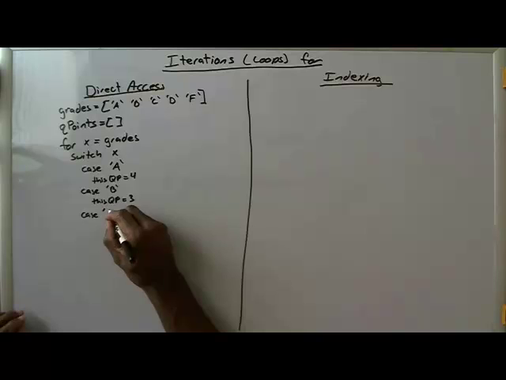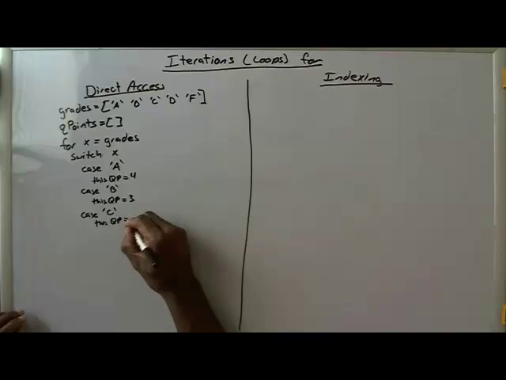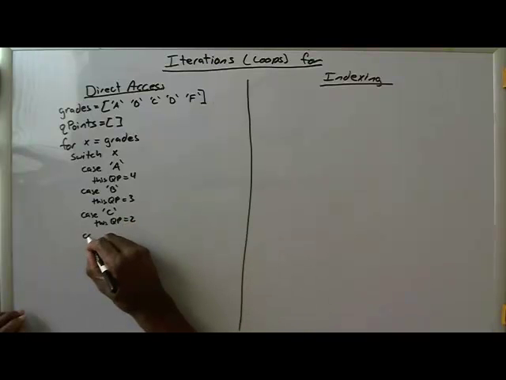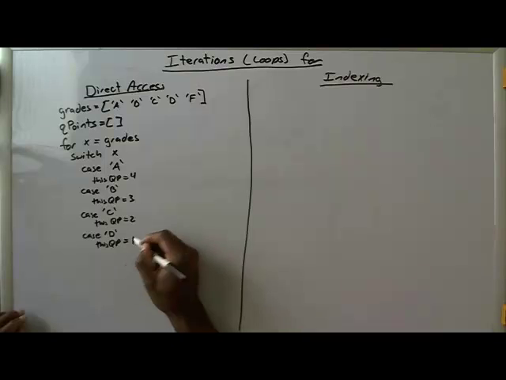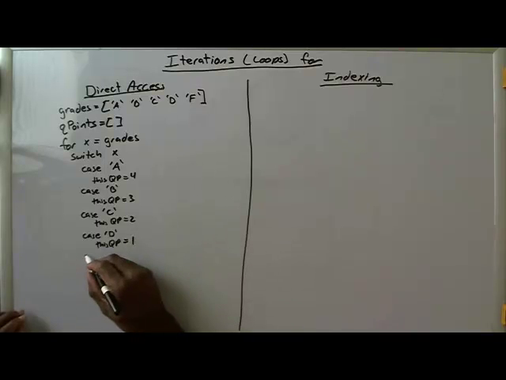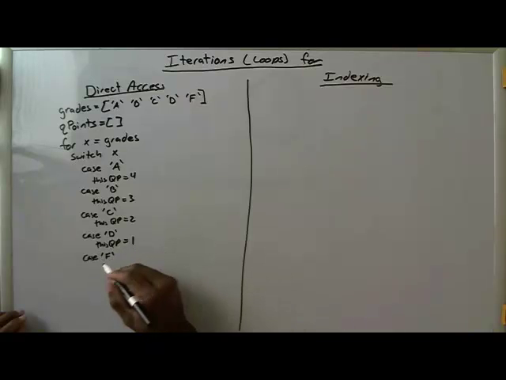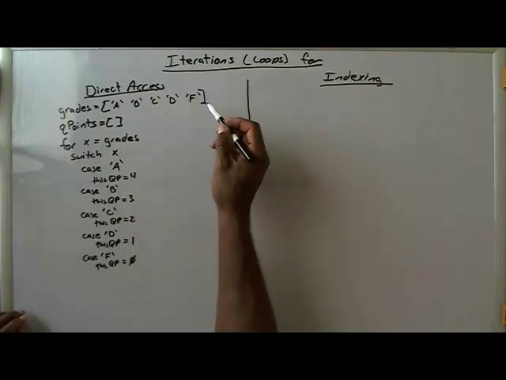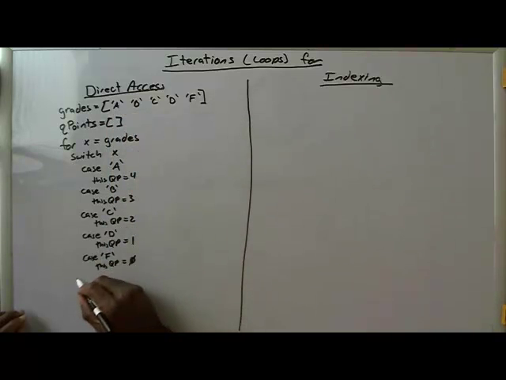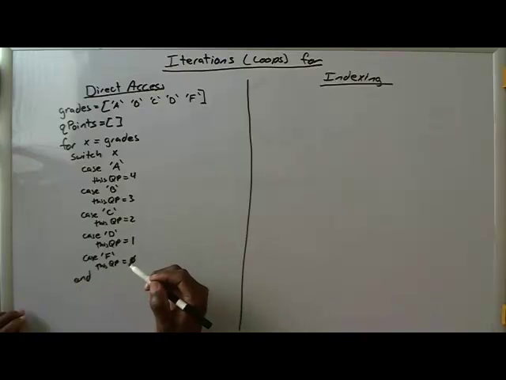In case x equals C, this QP is going to equal 2. In case x equals D, this QP is going to equal 1. And in case x equals F, this QP is going to be 0. I'm going to assume that this is all going to behave properly, so I'm not even going to put an otherwise in here. I will end my switch statement.